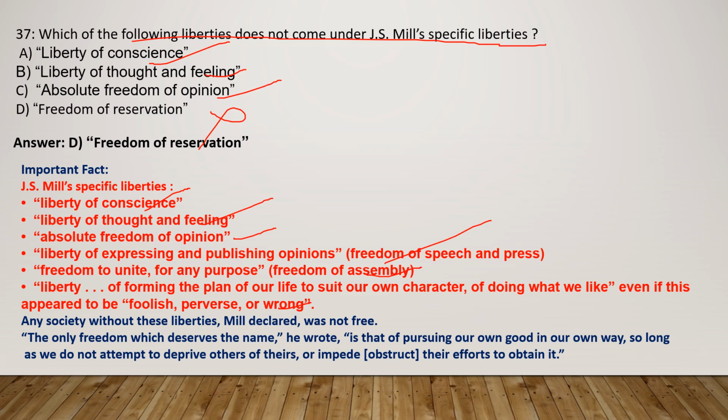Any society without these liberties, Mill declared, was not free. So these liberties of Mill are very important. The only freedom which deserves the name, he wrote, is that of pursuing our own good in our own way, so long as we do not attempt to deprive others of theirs or impede their efforts to obtain it.